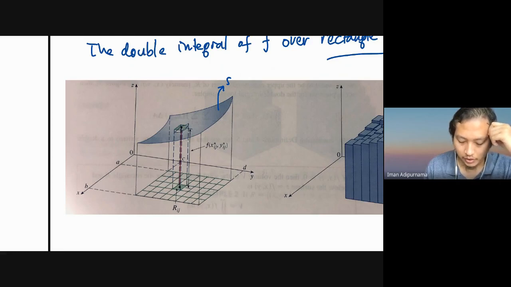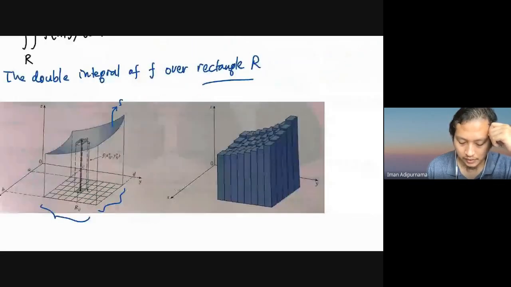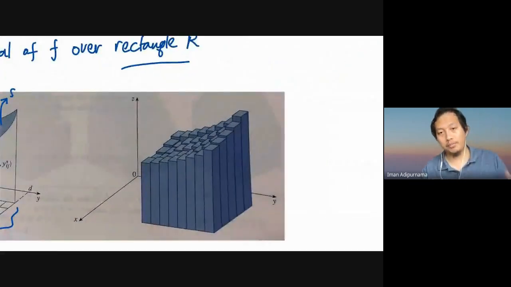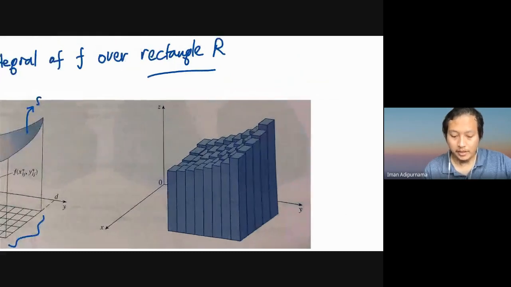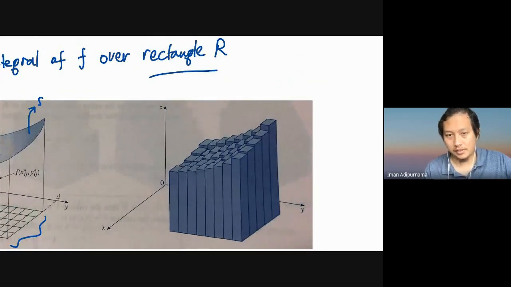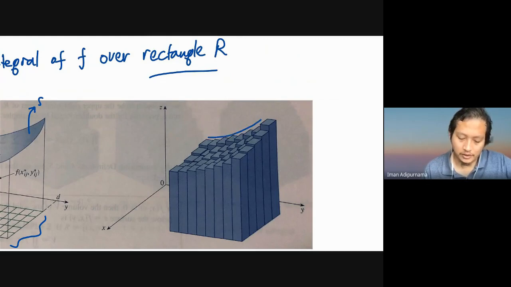Then we are going to have a rectangle, so we have this area here, and this is how it looks when we approximate. As long as m and n go larger and approach infinity, we will have a very smooth surface.